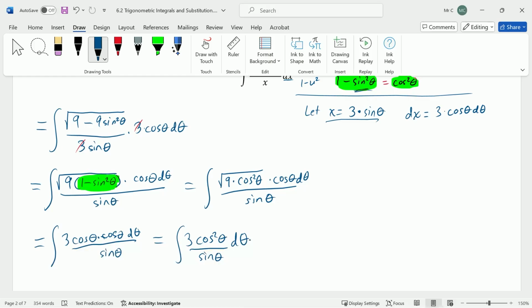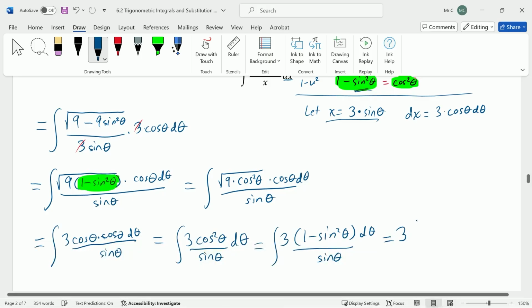You may see something else that you want to try, and that's totally fine. Again, often there's a lot of ways to solve these. But cosine squared of theta, I can replace with 1 minus sine squared of theta. And this puts everything in terms of sine, so let's see what we can do.